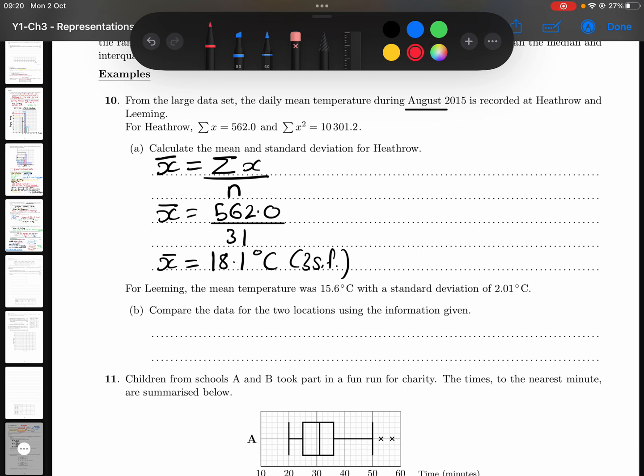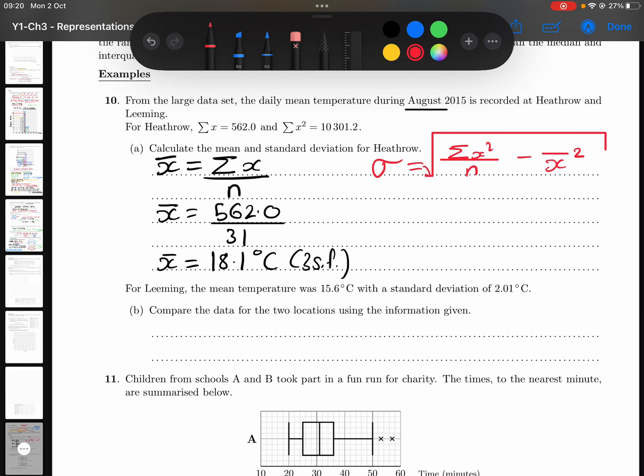To work out the standard deviation, denoted by sigma, we can use the following formula from the formula book. It is equal to the square root of the sum of all the x values squared divided by the total number, take away the mean squared.